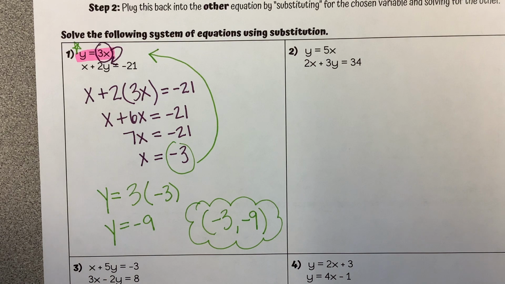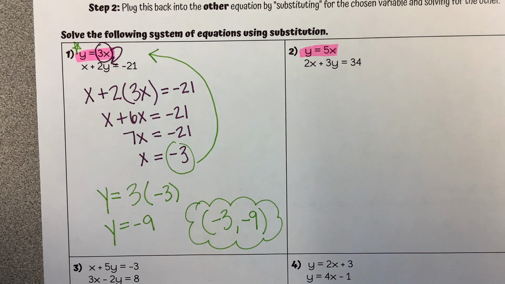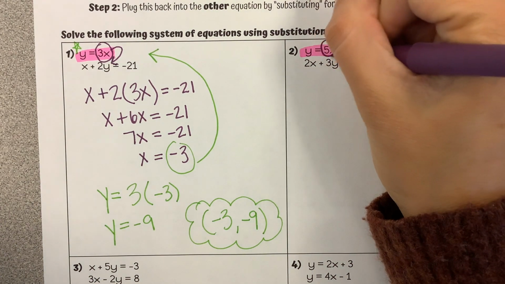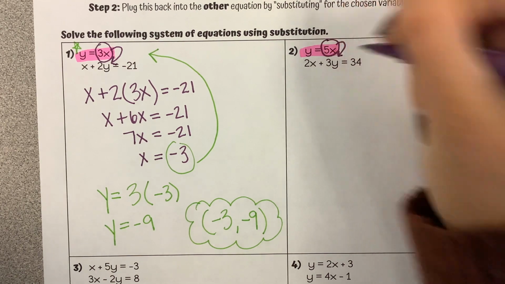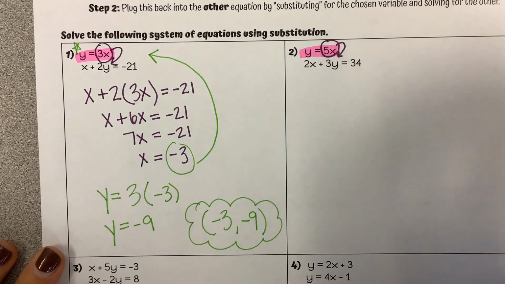First thing I'm looking for is, do I have a y equals or x equals equation? Yes, I do, right here. So I'm going to take my value of what y is equal to and plug it in for y. So y equals 5x, so we're going to plug in 5x where y is.